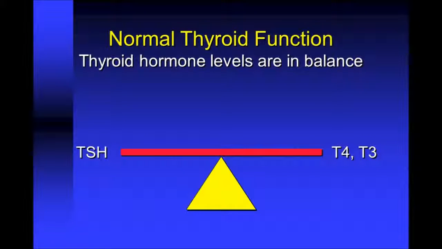In summary, the T4 and T3 are the primary hormones that come out of the thyroid gland. The TSH is the hormone made by the pituitary that reflects the pituitary gland's opinion on the adequacy of the level of thyroid hormone in your blood. As we see in this teeter-totter, when all of those values are normal, everything is in balance and the thyroid is functioning correctly.